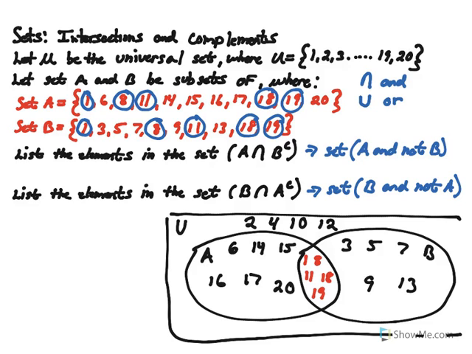That means those elements will be in both A and B. However, if we read the problem very carefully, all the elements in A are basically all the ones I've listed right here: 1, 6, 8, 11, 14, 15, 16, 17, 18, 19, and 20.